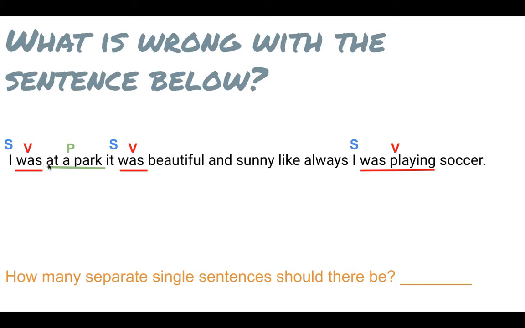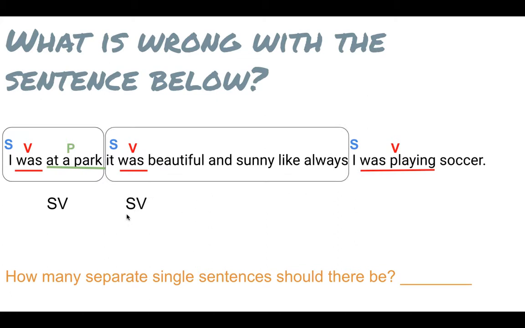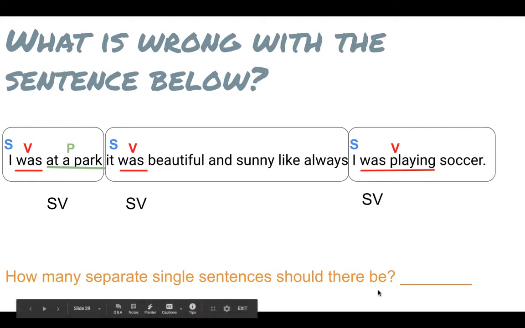So this sentence, including the prepositional phrase, is one independent clause. Formula is SV. It was beautiful and sunny like always is another independent clause, SV. I was playing soccer is another independent clause, SV. So how many separate single sentences should there be? The answer is 3.